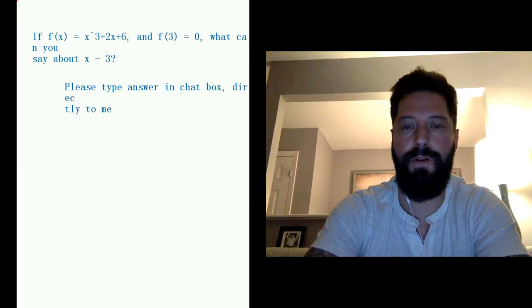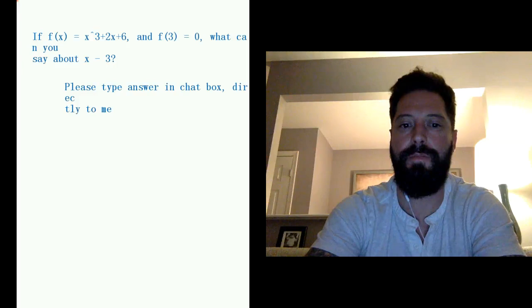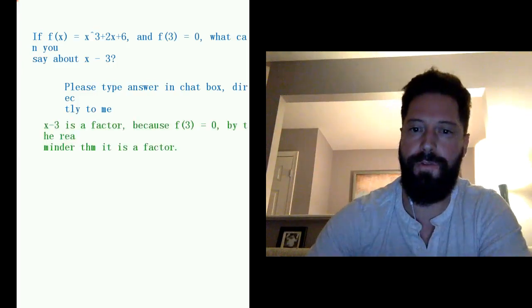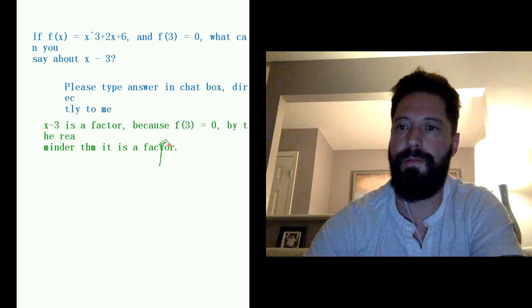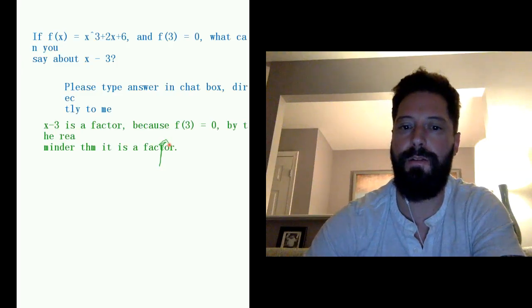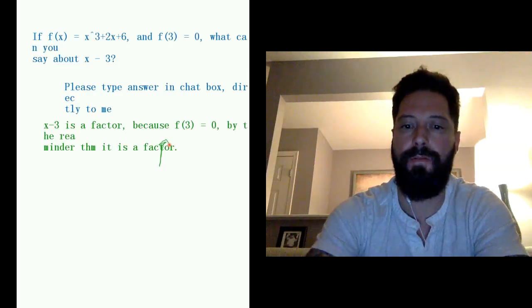It is a factor. F of 3, we're going to discuss function notation more. All this means is plug in or substitute into the function, that's all that means.